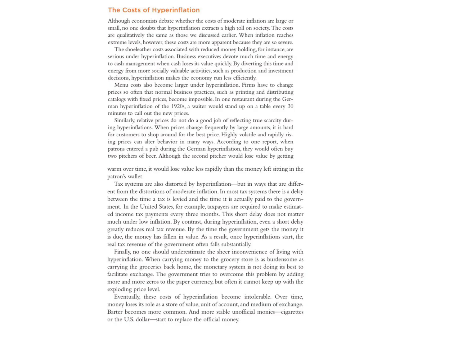In the United States, for example, taxpayers are required to make estimated income tax payments every 3 months. This is due to the concern about hyperinflation, so they need to pay every 3 months, or if possible every month. Once hyperinflation starts, the real tax revenue of the government often falls substantially, because one day can differ a lot.